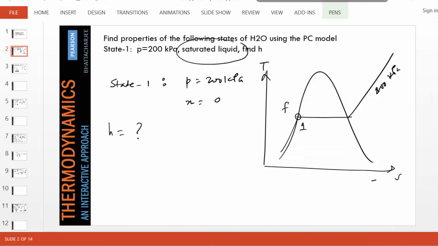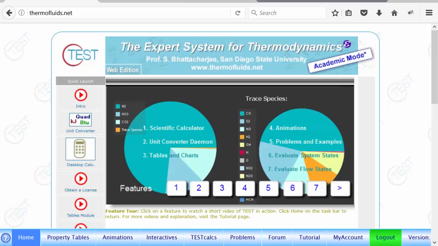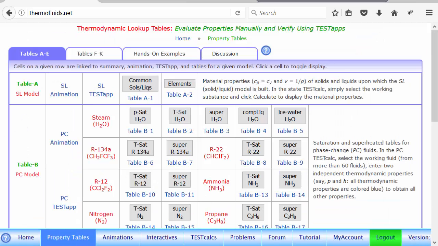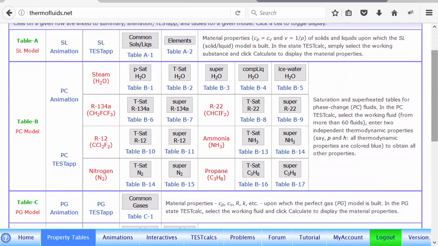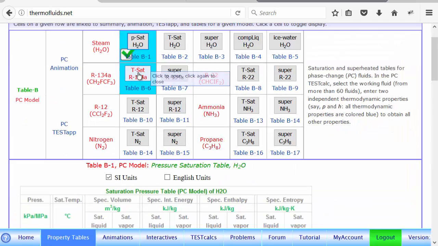So let's go and open the property tables module of TEST. And as you can see, the PC model is right here. All these tables are here. And we can launch the TESTapp right by clicking in this cell. So we are after enthalpy at a given pressure, saturated liquid. Therefore, we open the saturation pressure table.